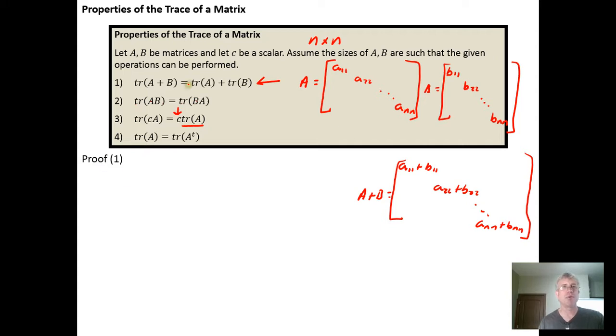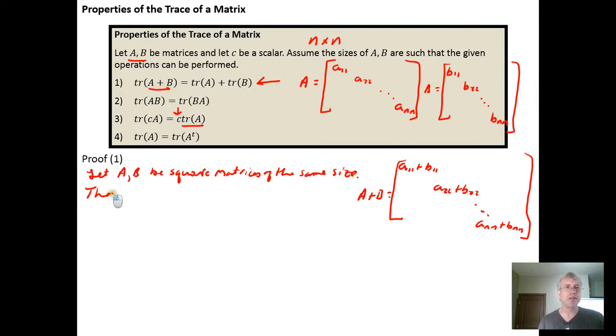So we start off, we'll let A and B be square matrices of the same size, because the trace is only defined for square matrices, and if they aren't the same size, we can't add them.